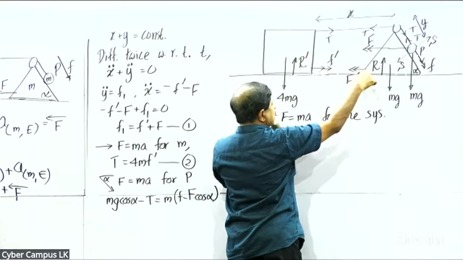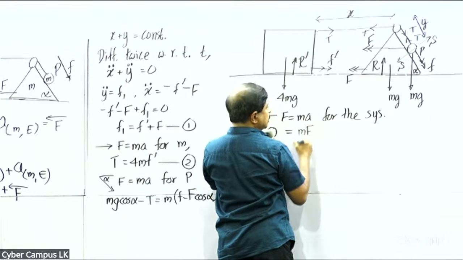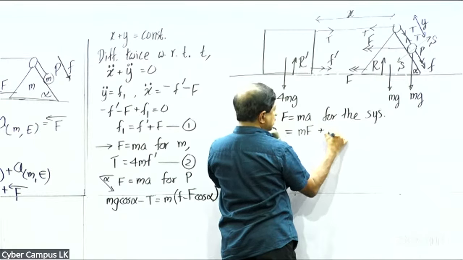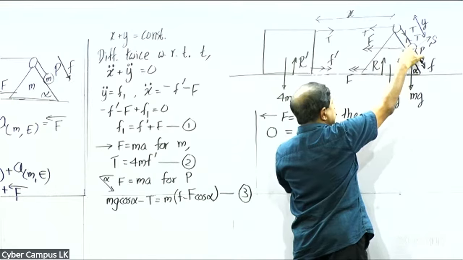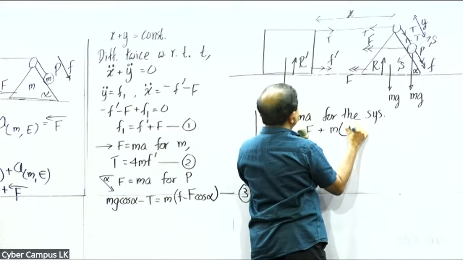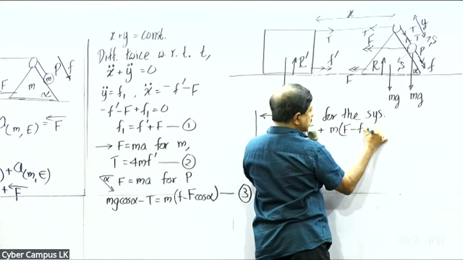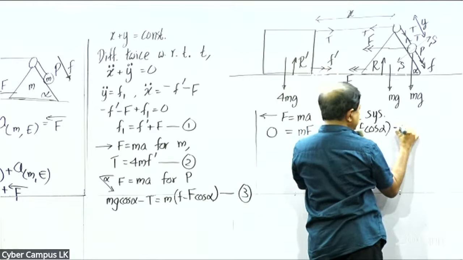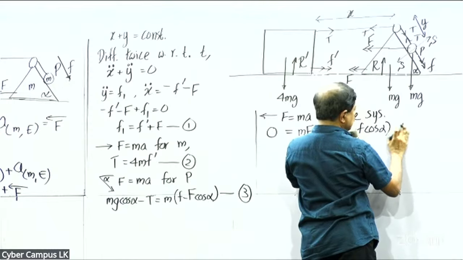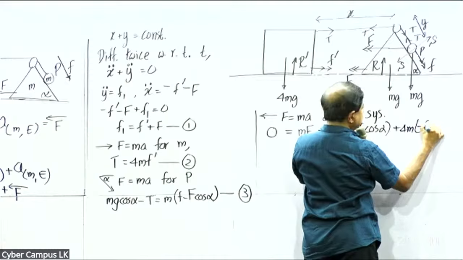Now, if you apply it to this M, you have capital F. If you consider this, there are two accelerations, capital F minus simple f cos alpha. Here you have 4m. It's in the negative direction. When I write it like this, this is minus F dash.